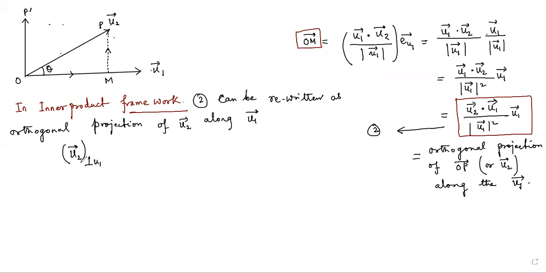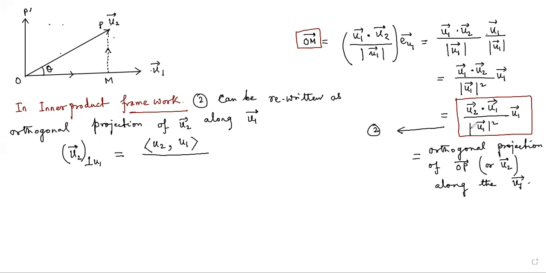It is the notation I'm using, orthogonal projection of U2 along U1 vector. Now see what I'm doing. What I have written over here, U2 dot U1. What is dot product? Dot product's general sense is inner product. So we can write it as inner product of U2 and U1. In place of dot product, I'm writing inner product U2 and U1.